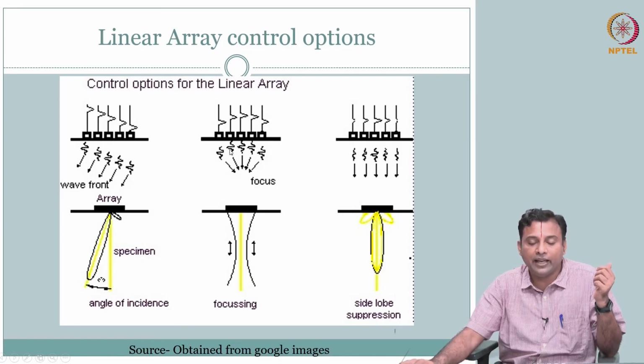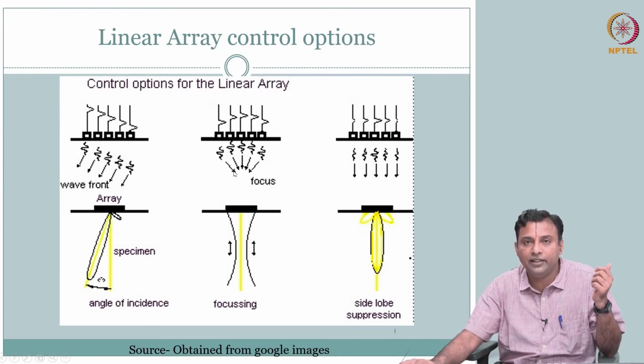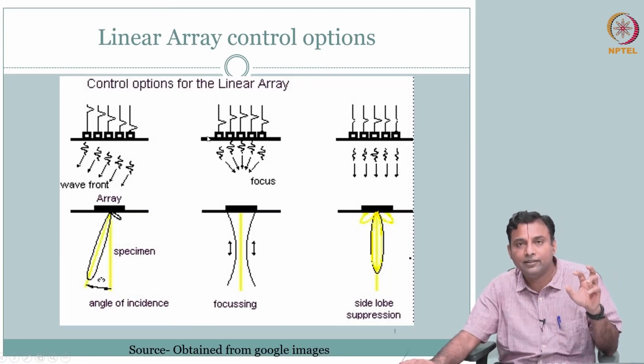So clearly I can manipulate this: this one I should send first because it has to travel a lot more distance, while this is the shortest path.